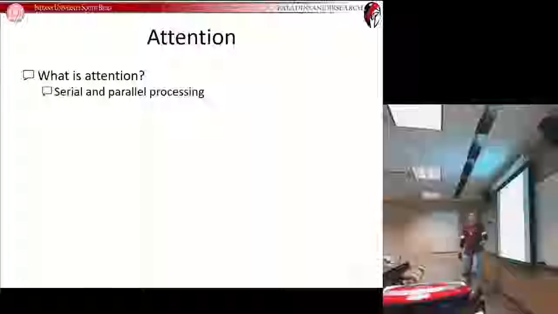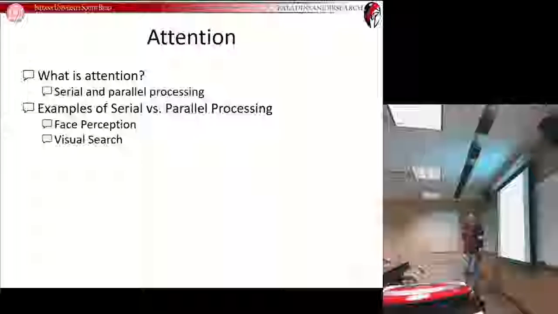We're also going to take a look at serial and parallel processing, two different types of ways of manipulating symbols in your mind to do cognition, and its implications for attention.